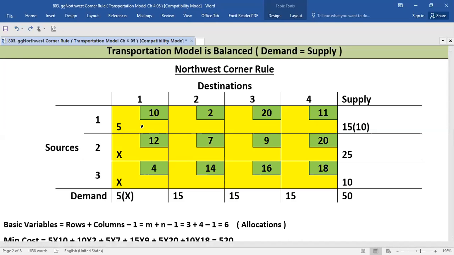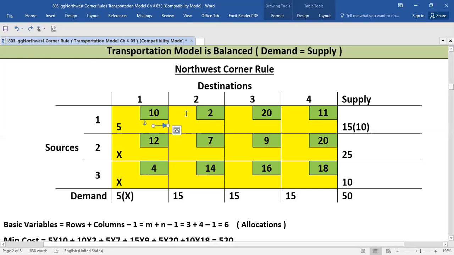So the only way is that you will move to your right. You will put an arrow sign and you will make your allocation. This is the cell where you will make your second allocation.